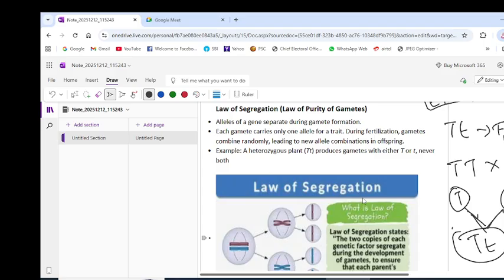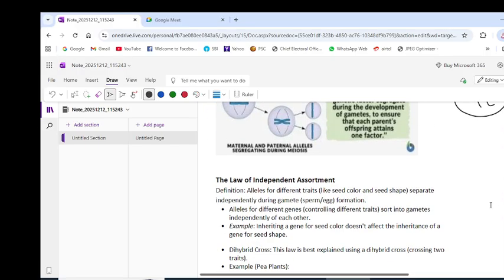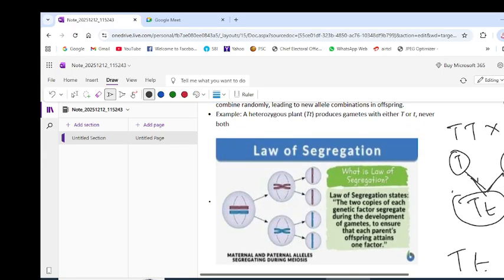For example, a heterozygous plant produces gametes with either T or small t, never both. That means this is heterozygous. What is heterozygous and homozygous? Here you can see only one type of allele. This is homozygous.